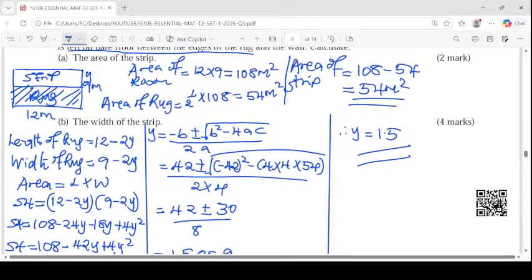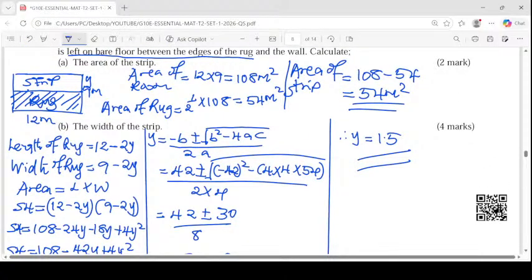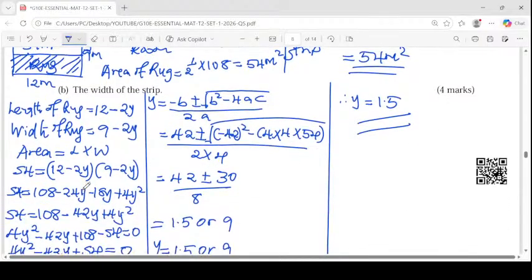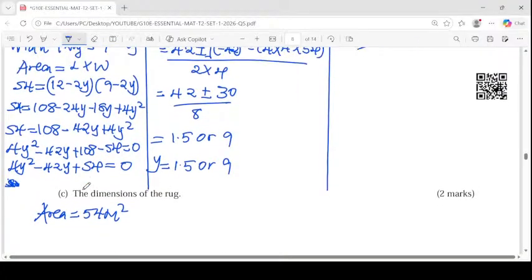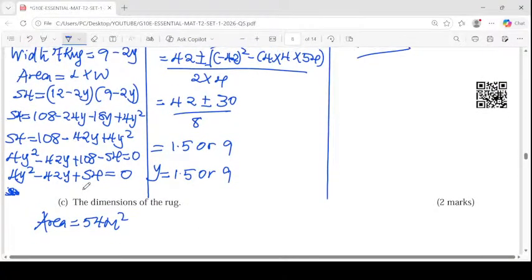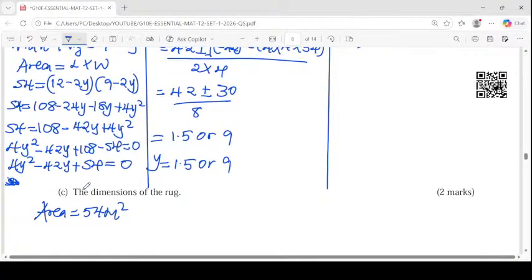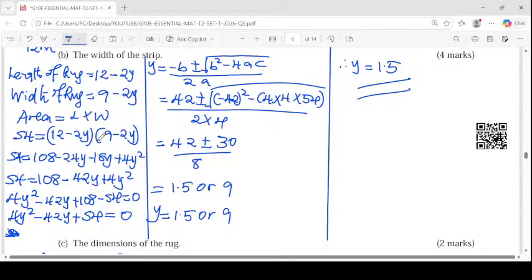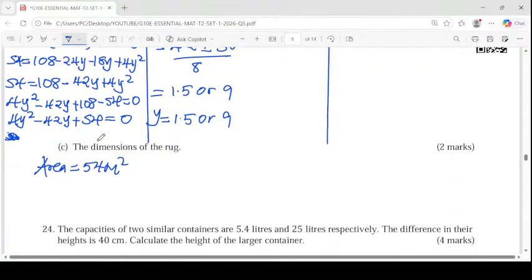Now, if the strip has a width of 1.5 meters, then it will mean the dimensions will be, the length will now be 12 minus 2y.